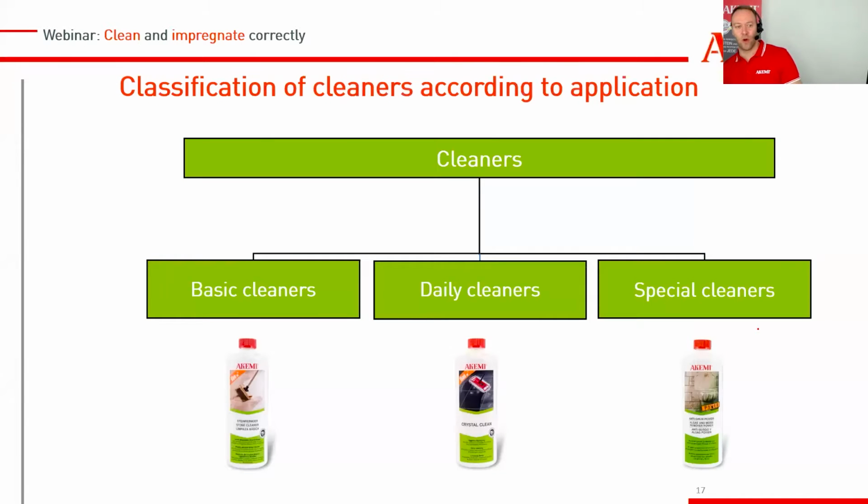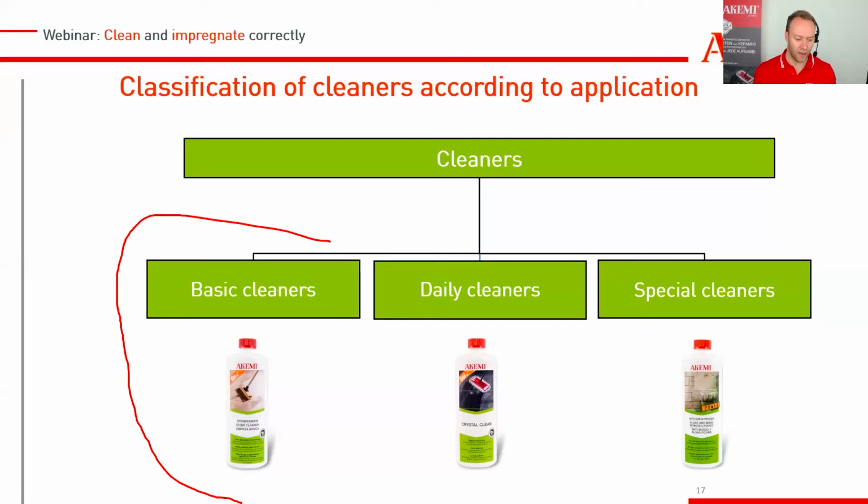Good. Then we also have to differentiate the 3 types of cleaners in between these 5 groups. We have basic cleaners. Basic cleaners are usually the first choice when you have, let's say, a stained surface, a stained floor, a stained countertop. You use a basic cleaner from us, from AKEMI. This is the stone cleaner.